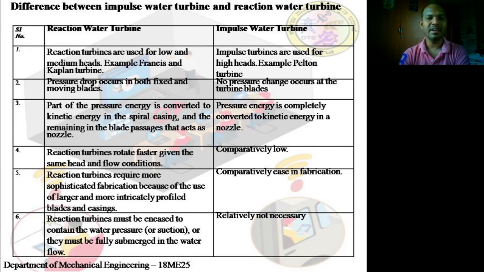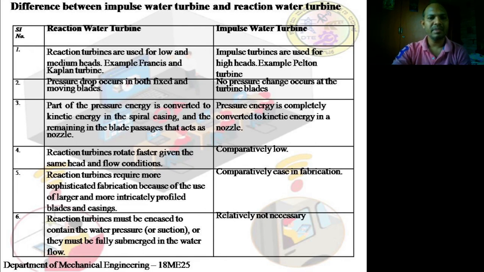In the reaction turbine, part of the pressure energy is converted into kinetic energy in the spiral casing, and the remaining in the blade passage that acts as a nozzle. In the impulse turbine, pressure energy is completely converted into kinetic energy in the nozzle itself. That is why there is no question of conversion of pressure energy into other forms of energy in later stages. Reaction turbines rotate faster given the same head and flow conditions, and here it is comparatively low.